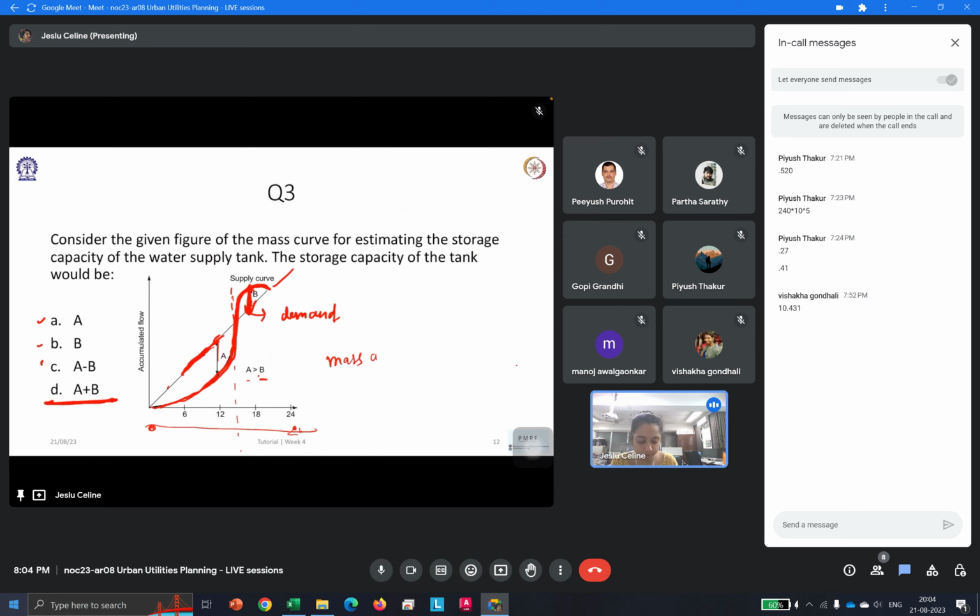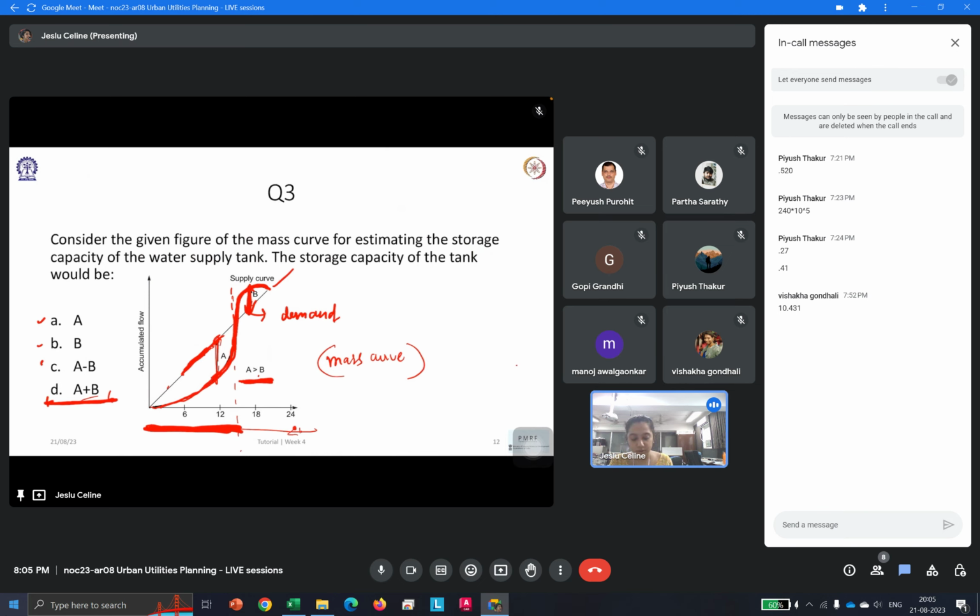In the mass curve method, we always take the sum of both the excess supply and the excess demand, irrespective of whether the excess in supply is more, or demand is more, or whichever value is more. Irrespective of that, both the maximums we take and add them up in order to find the storage capacity of the tank. Right. Any doubts in this question?